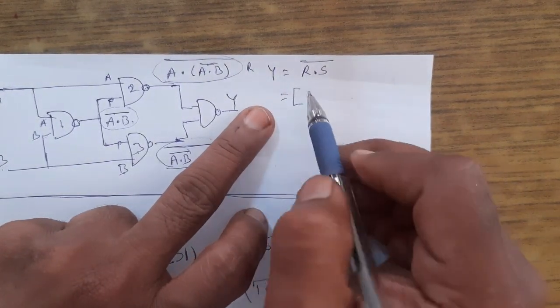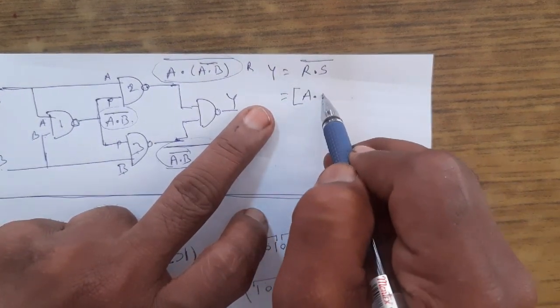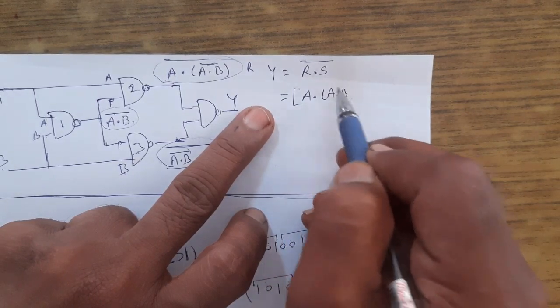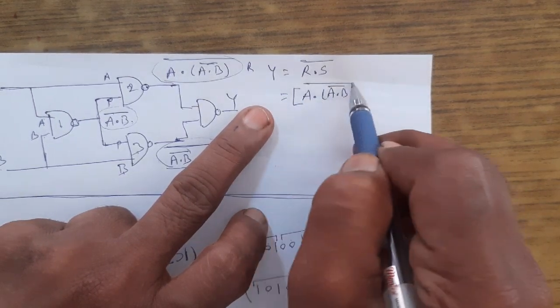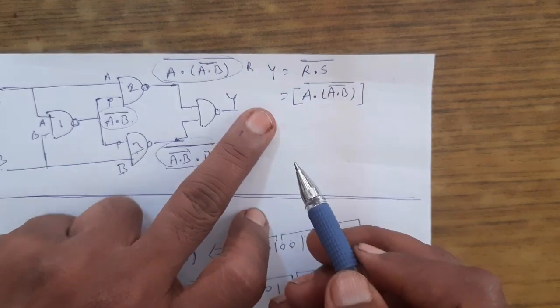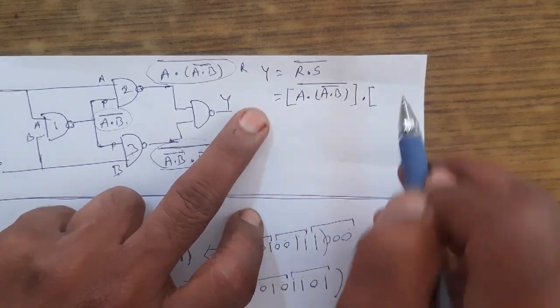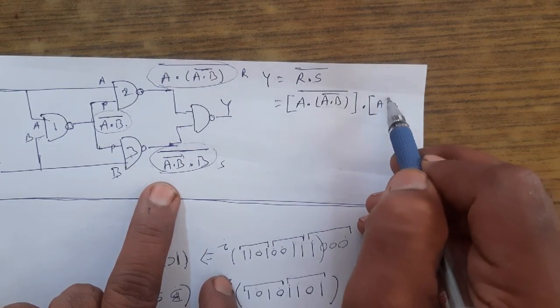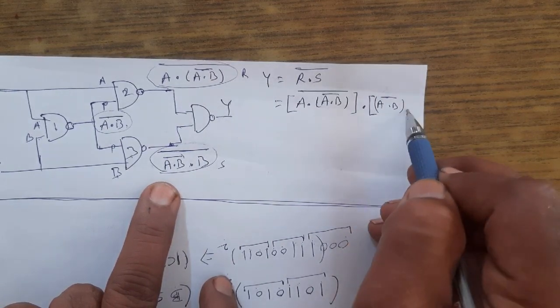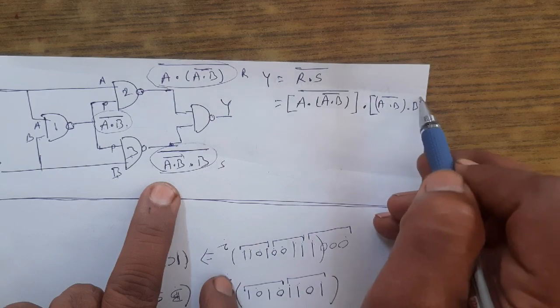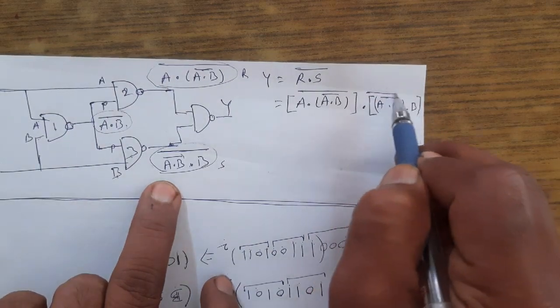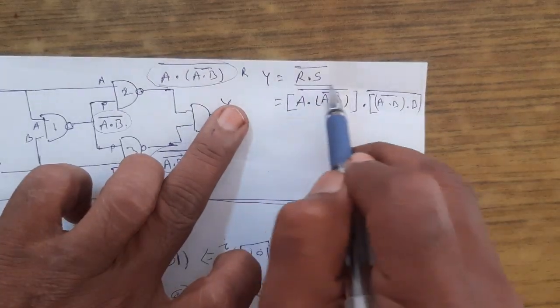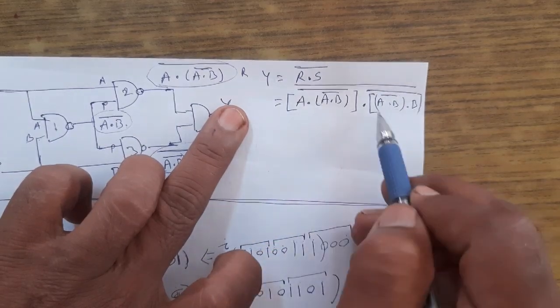R is nothing but, I will write the bracket, it is A dot B bar complement. This is R dot, what is S? S is A dot B complement dot B its complement, and then its complement. This is R, this is S.